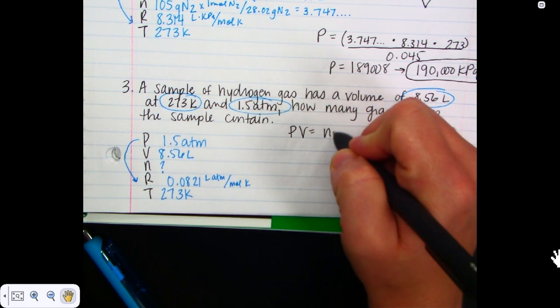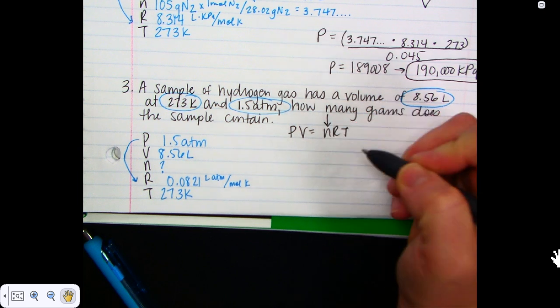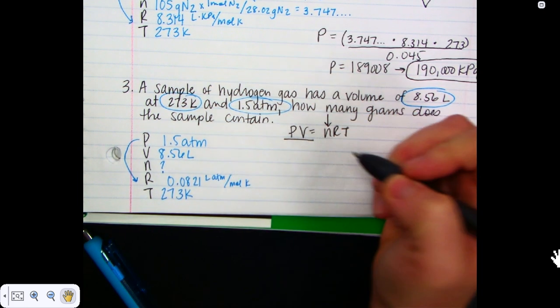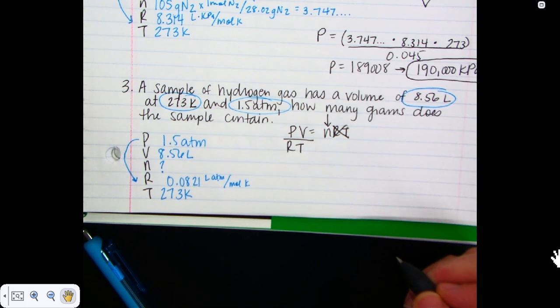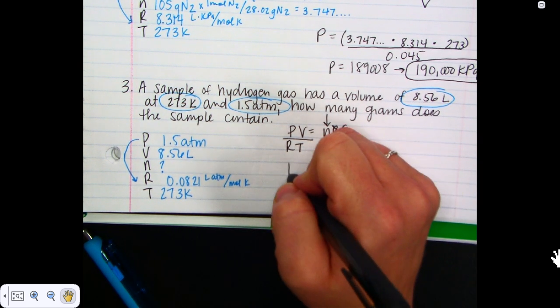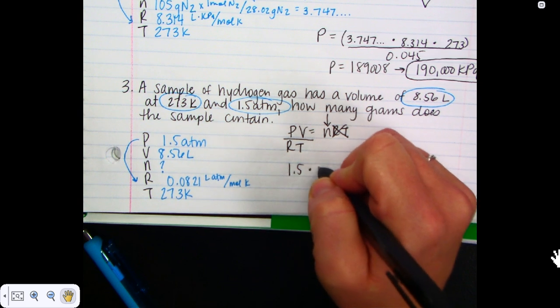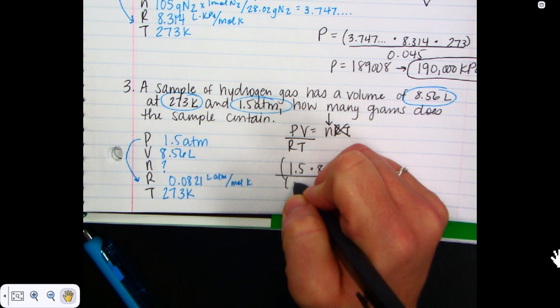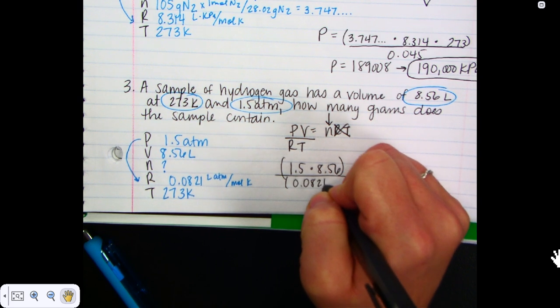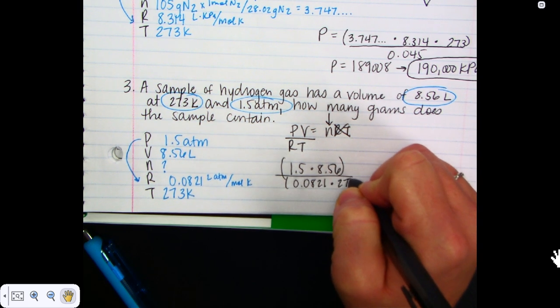PV equals nRT. Going to solve for moles by dividing PV by RT, and that's going to get n by itself. So pressure, 1.5 times the volume, 8.56, divided by 0.0821 times 273.